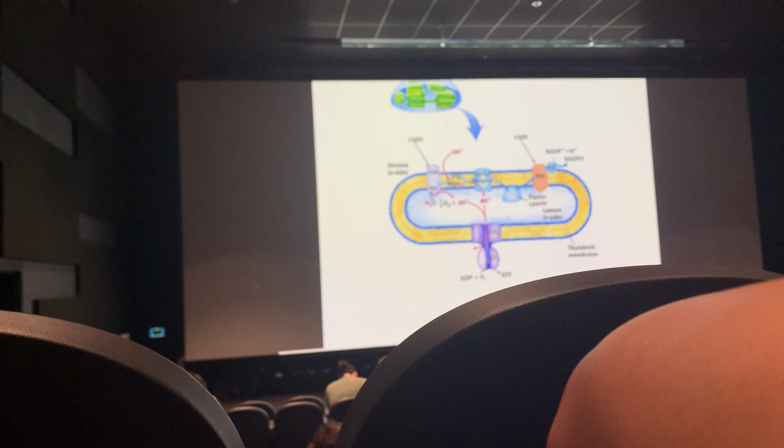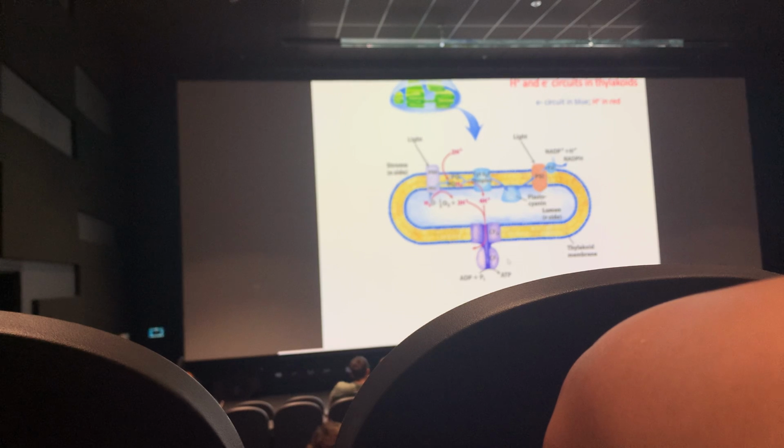So this is a summary here of what's going on. First of all, let's get rid of the problem that always seems to exist with Lehninger, and that is, the protons are not going straight up the middle of this ATP synthase. They go halfway around and then out the other half channel. Also, ATPs are not being made out here.